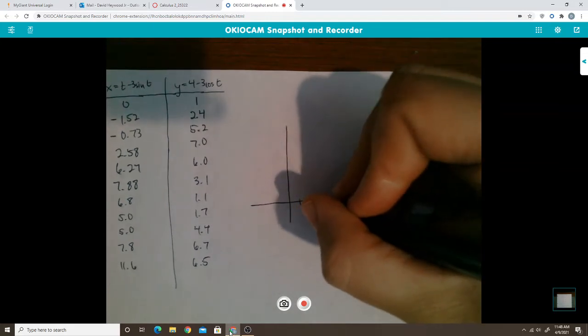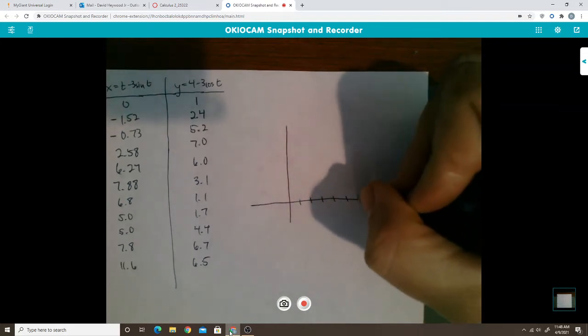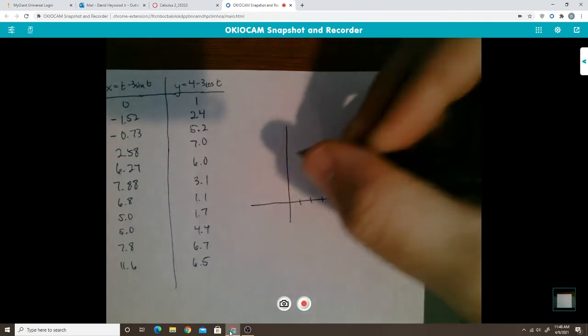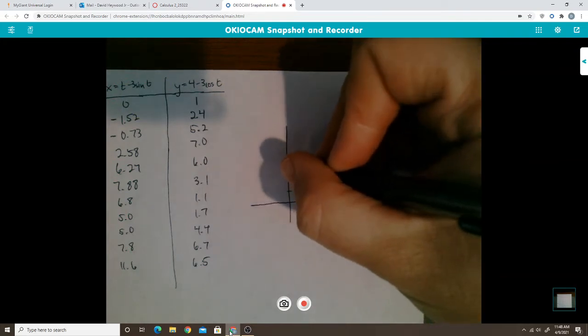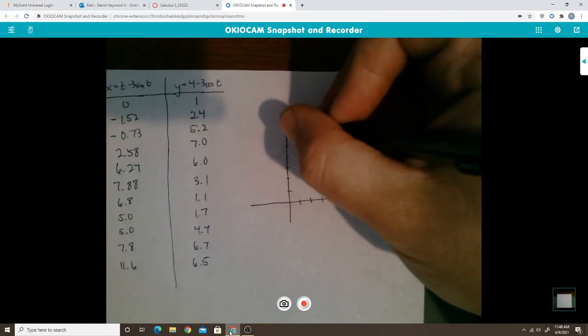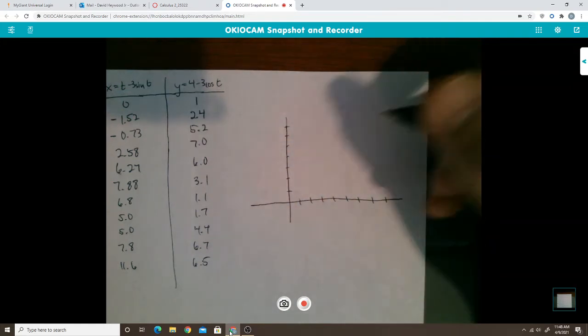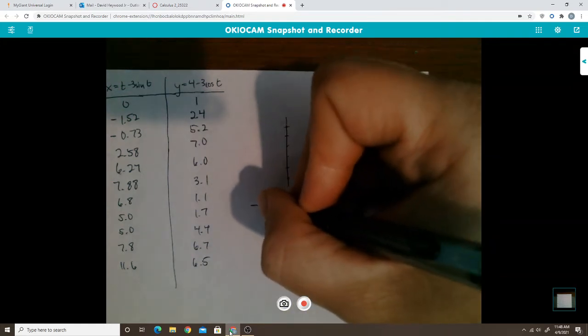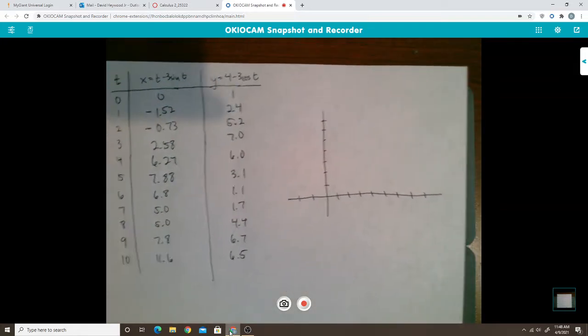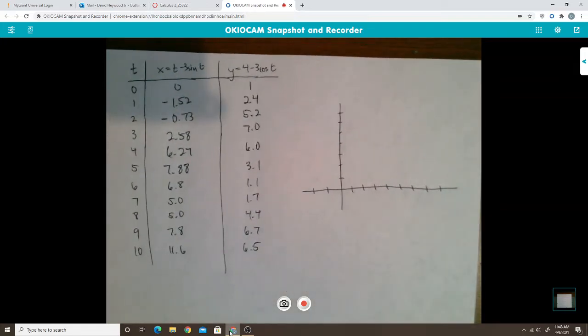So 1, 2, 3, 4, 5, 6, 7, 8. 1, 2, 3, 4, 5, 6, 7. And then over here I'll go out to maybe negative 2 so that I can get all of my points on there. And then I'm just going to plot the points.